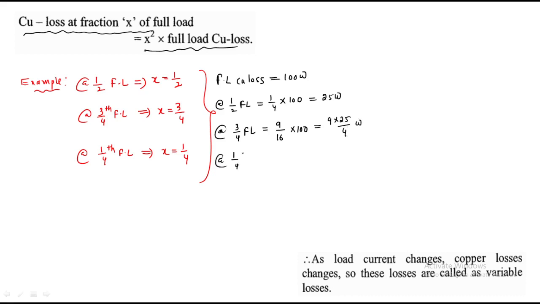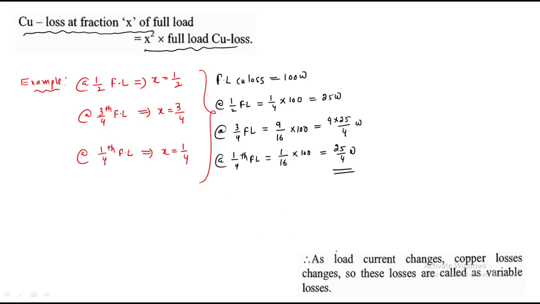At 1 by 4 of full load, it is 1 by 16 into 100, so we get 25 by 4 watts. Like that you are going to calculate different values of copper losses at different fractions of full load.